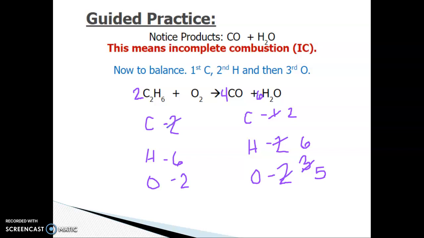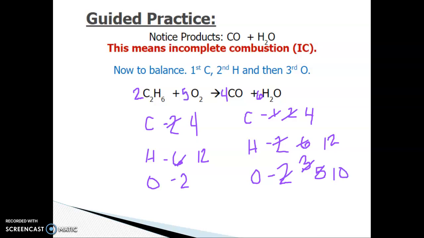So now we have 4 and 12. And we still have 2 oxygen on our left, but now we're going to have 10 oxygen on our right. And so we can have a 5 right here.